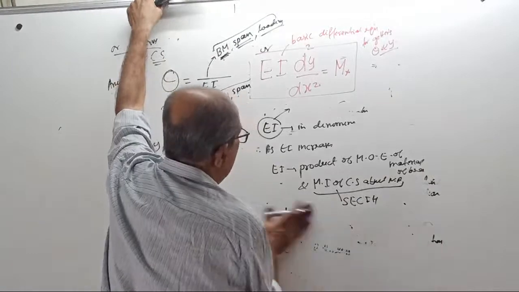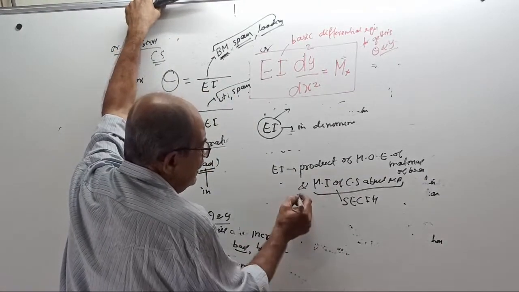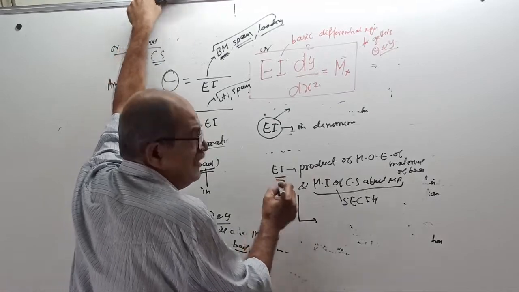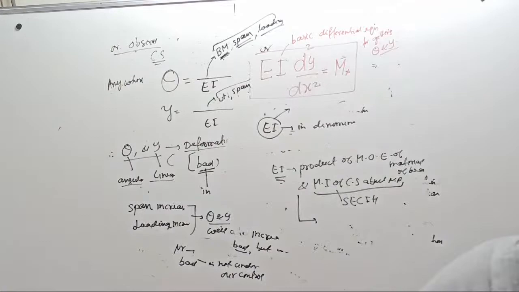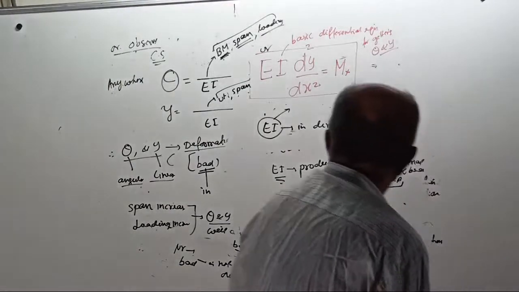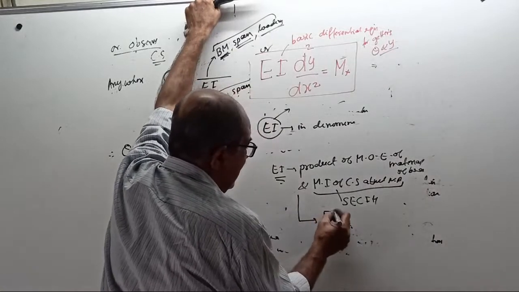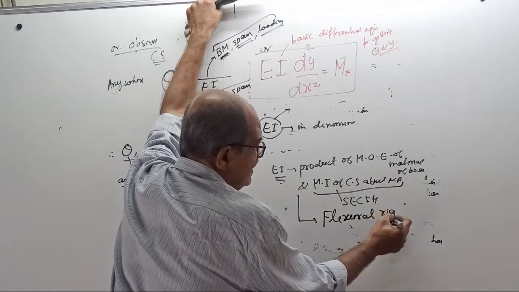Can anybody tell what is the name for EI? If you know it correctly, EI is called flexural rigidity.